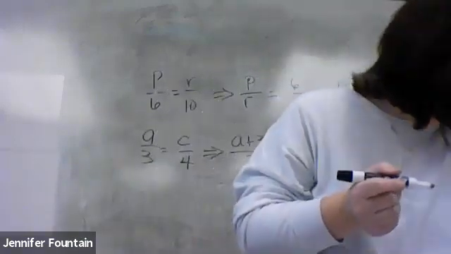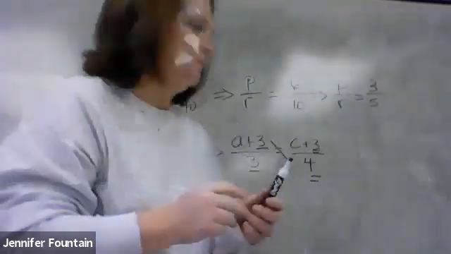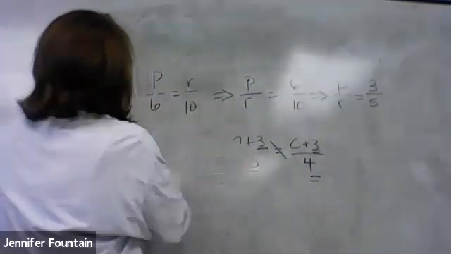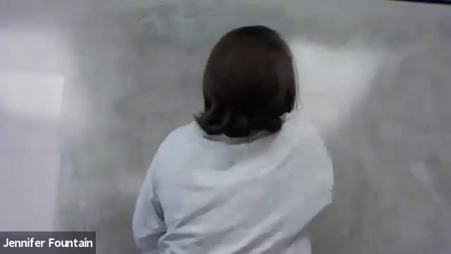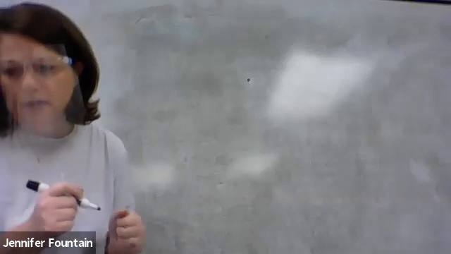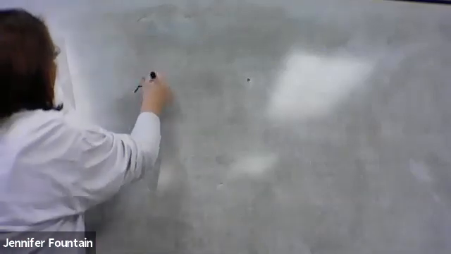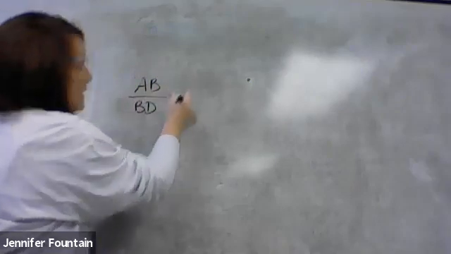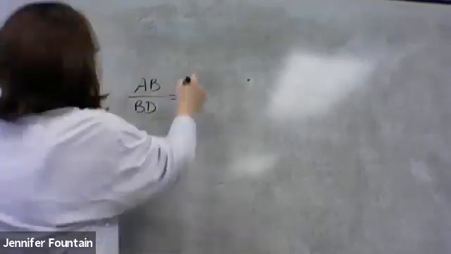Let's go ahead and look at example 2 on page 466. Okay, so on 466, example 2 says using properties of proportions. In the diagram, AB over BD is equal to AC over CE.